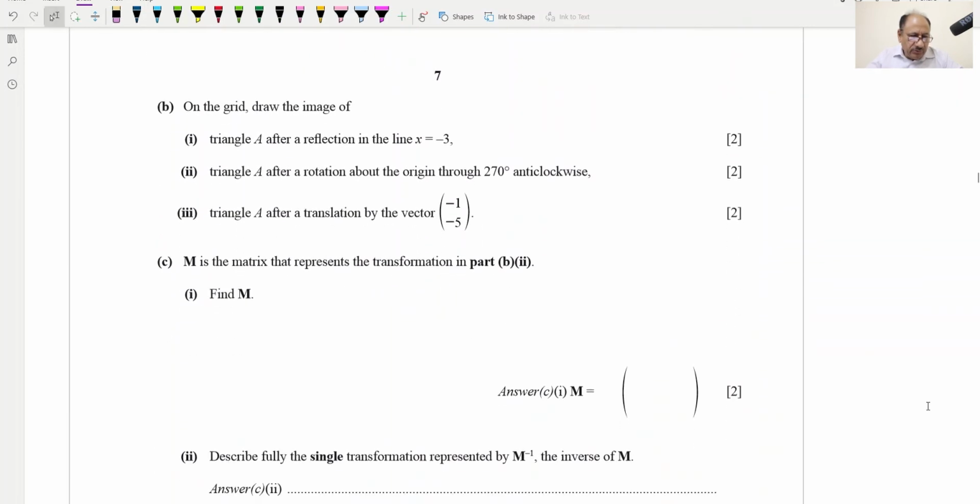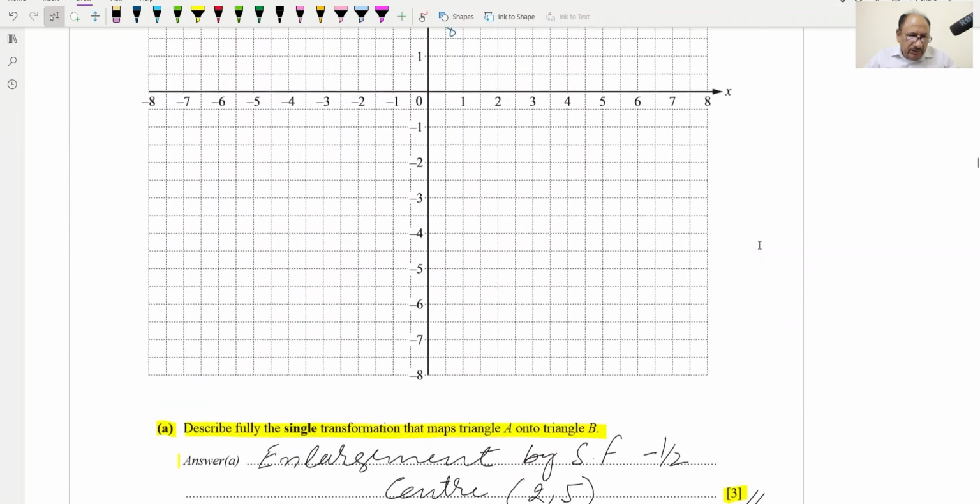Hopefully you understood this. B part: on the grid draw the image of triangle A after reflection in the line x is equal to minus 3. So we have to reflect triangle A, and we have to draw the line x is equal to minus 3.